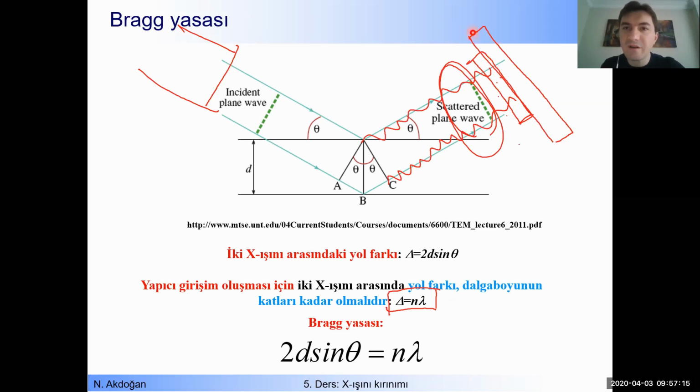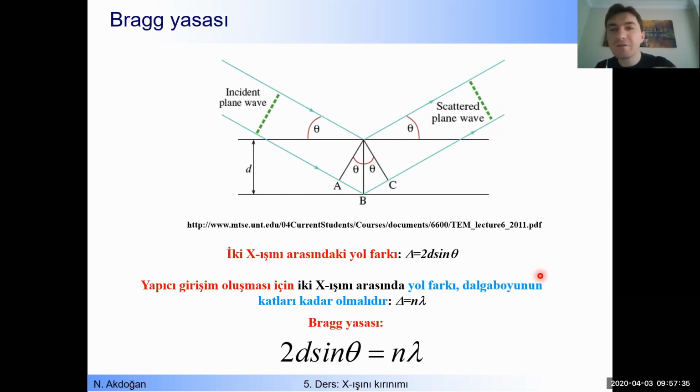This part is very important to understand the mechanism. Okay, so let me repeat. We have two X-rays here. They are scattered from the crystal, which has periodically arranged atoms. And then here we have a detector. The detector is waiting for the X-rays.